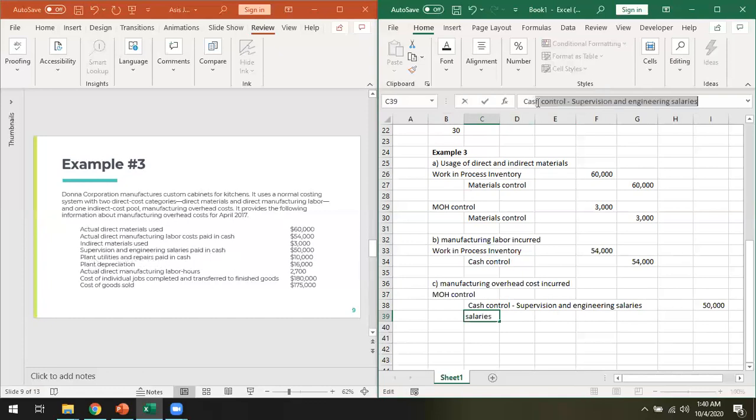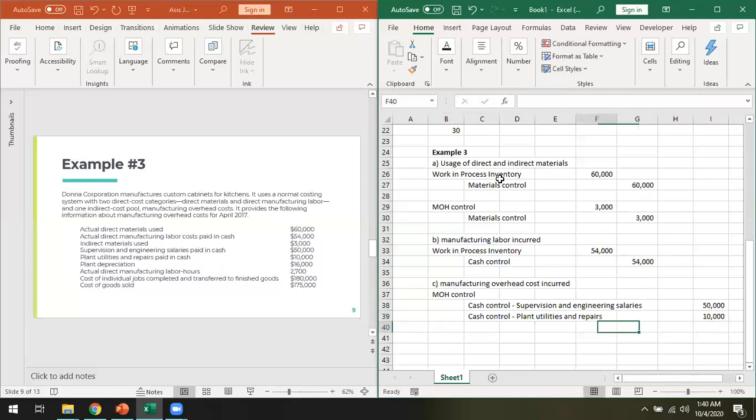Another cash control. You can just sum this number and you don't have to separate this. You don't have to break down this cost. However, I just want to show you so you're not confused. There's plant utilities and repairs, just $10,000.